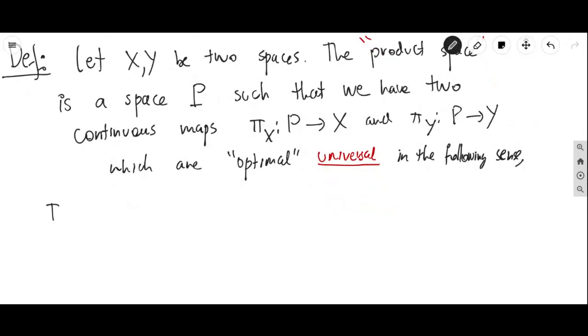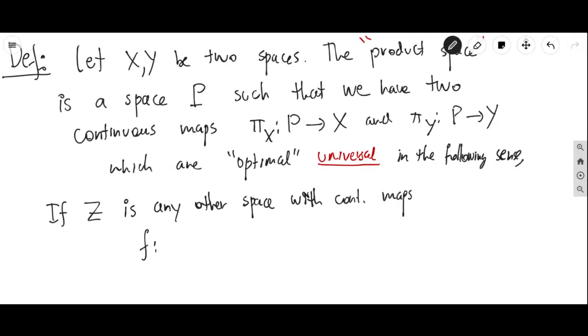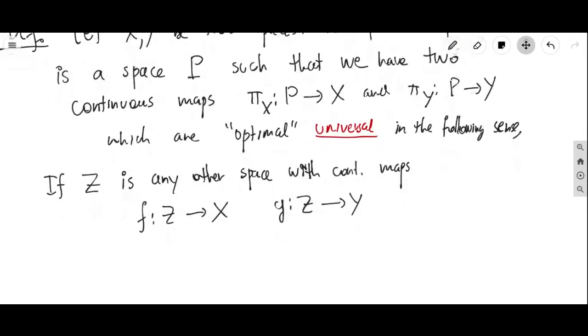So if Z is any other space with continuous maps, it does not matter what you call them, let's call them F and G, with continuous maps F and G, then there is a unique continuous map.